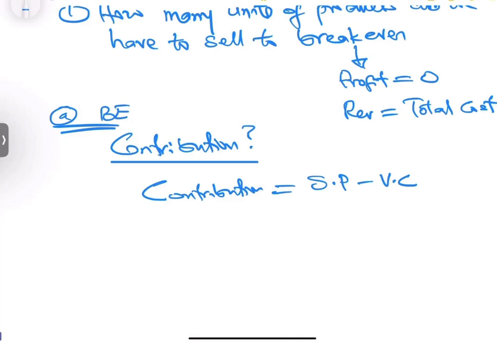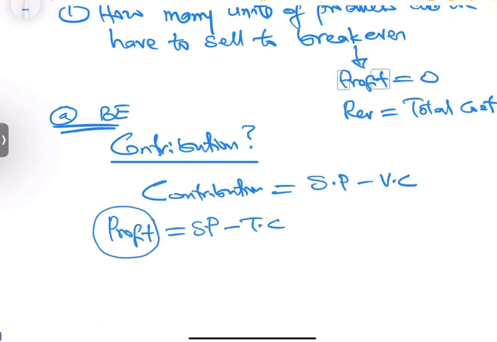And we know that profit is equal to what? Total revenue, which is selling price, minus total cost. We know that. So which means that at break even, this profit will be equal to zero.